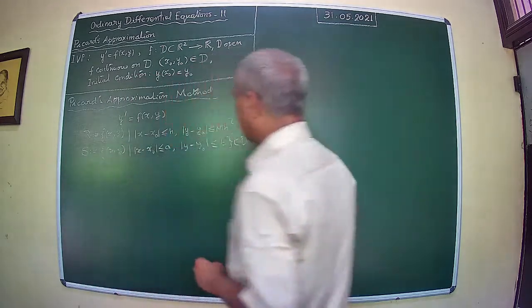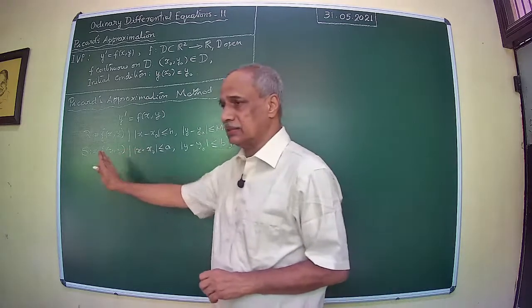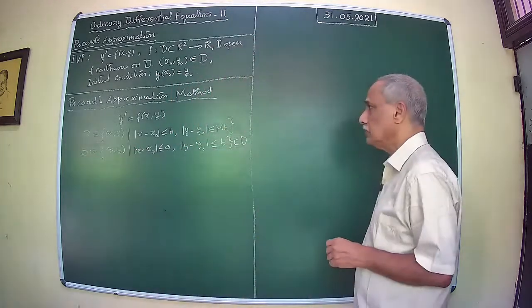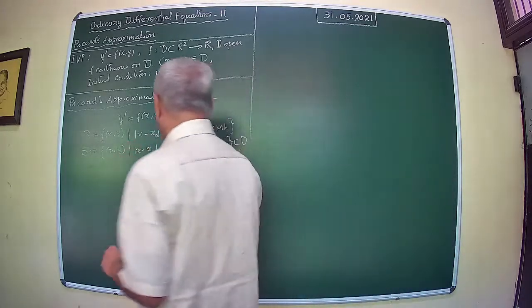Then of course you know that this is a compact subset of R2, and f is continuous, therefore f is bounded.